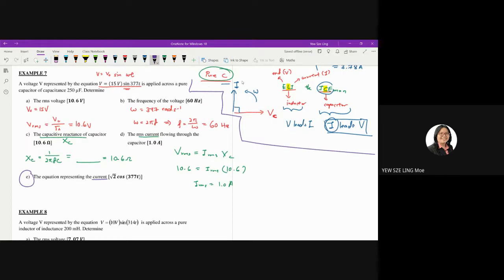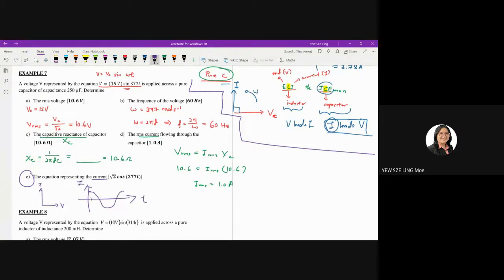According to my phasor diagram, on the right-hand side, my I is pointing upwards. This means that when you project it to a sinusoidal waveform, your I starts from the maximum value. So the shape of the graph is actually a cos graph.